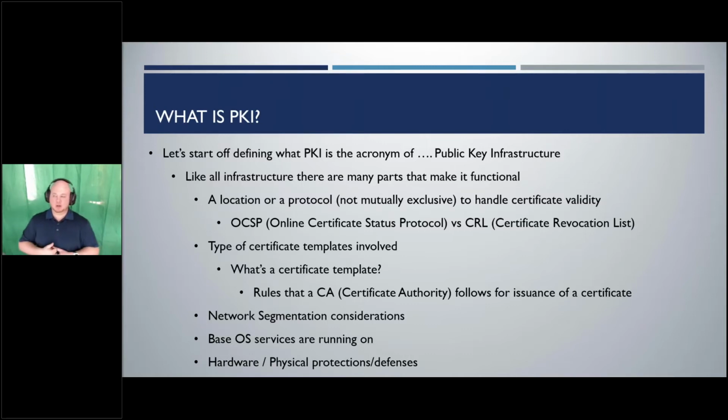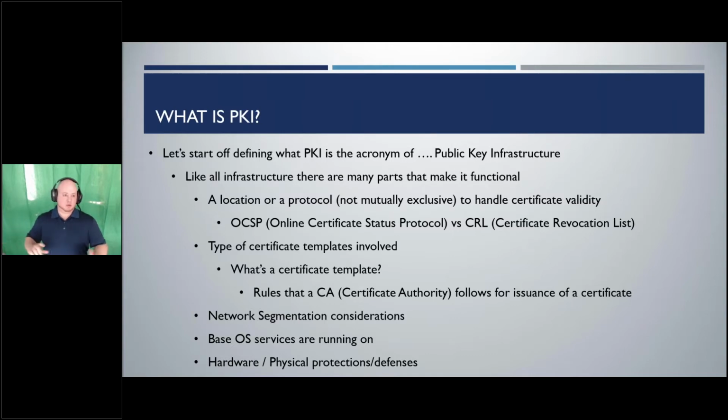The big call out here is, like any other infrastructure within IT, there's a lot of different pieces of it. We need a location or a protocol to validate certificates. We can do that through one of two mechanisms: CRLs, certificate revocation lists, or OCSP, Online Certificate Status Protocol. The two are not mutually exclusive.